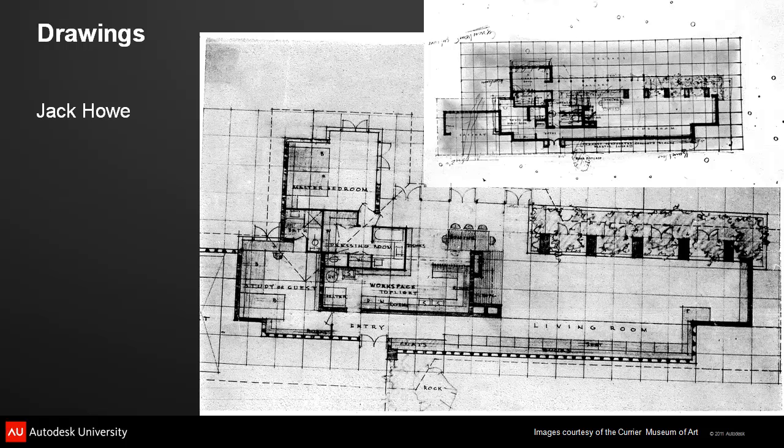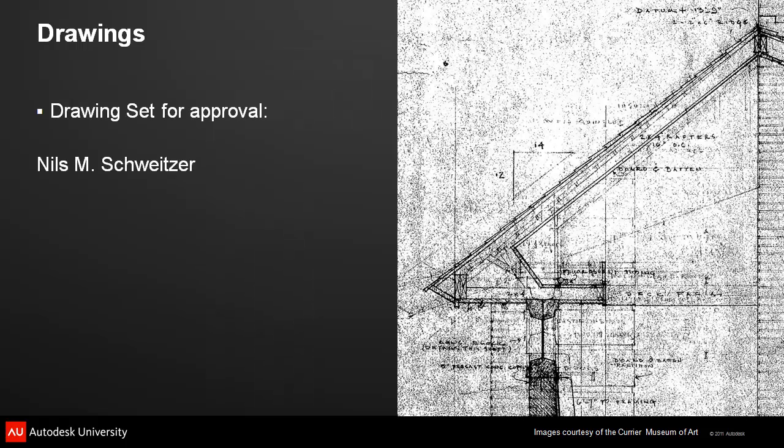But I consider this to be the second option of the building. The first was the original submittal, then the update to those drawings, and after that, when it came time for approvals from the planning department or the building department in Manchester, Neil Schweitzer put together a set of drawings. I think there were about 9 of them, and these were submitted.